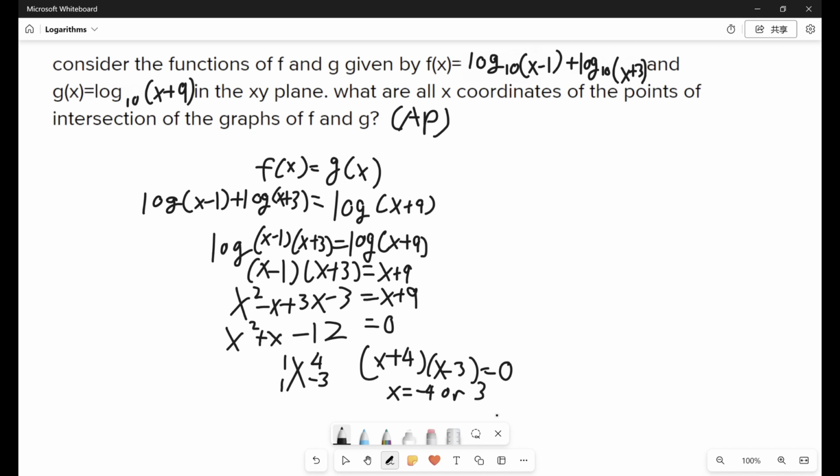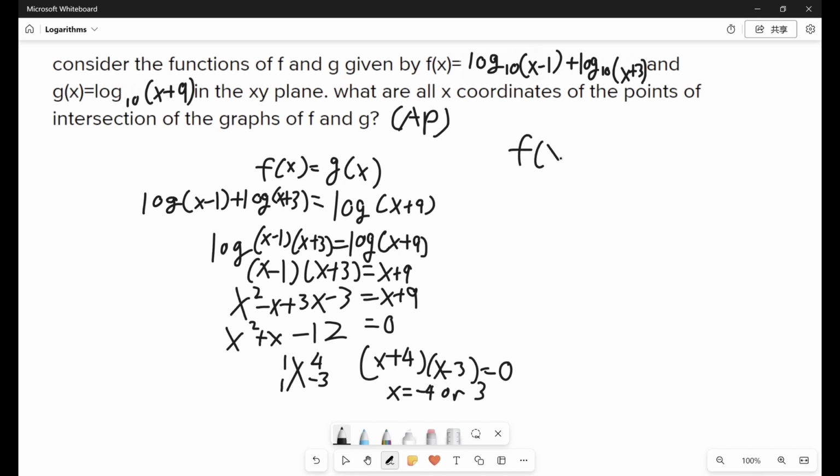Now this is the answer to this equation here, but it's not the answer to the problem, which is why this part is challenging. We have to remember to plug the x's into our equation with the log functions to see if they actually are appropriate.